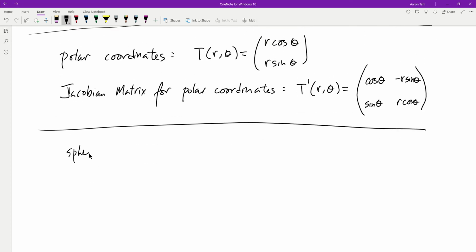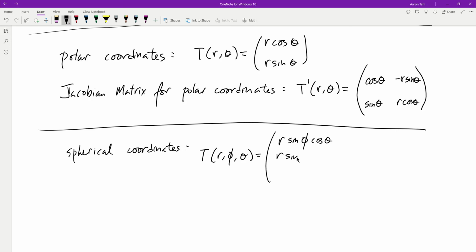The spatial coordinate system is probably the most complicated one. This is what the spatial coordinate system looks like.